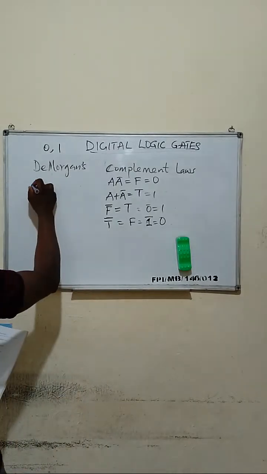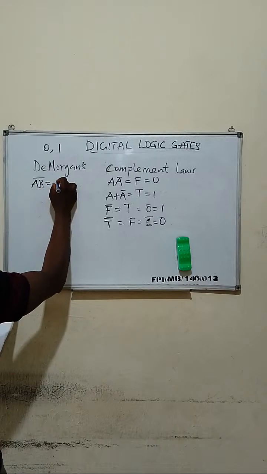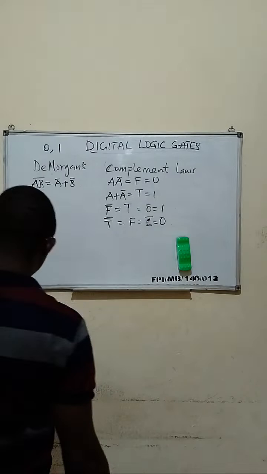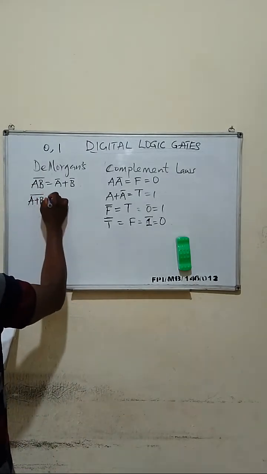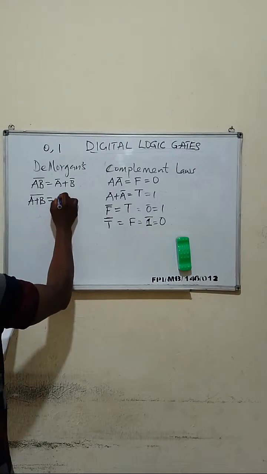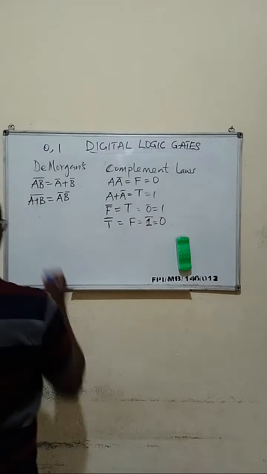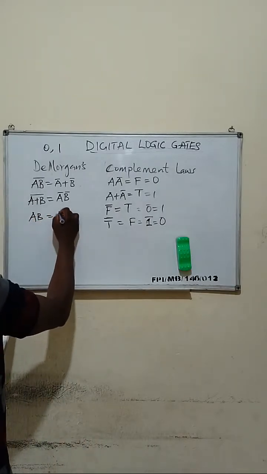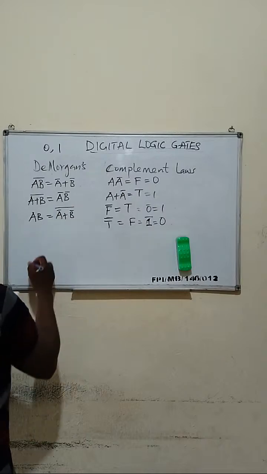De Morgan's law says that (A dot B) bar equals A bar plus B bar. It also tells us that (A plus B) bar equals A bar dot B bar. Also, A dot B is the same thing as (A bar plus B bar) bar.